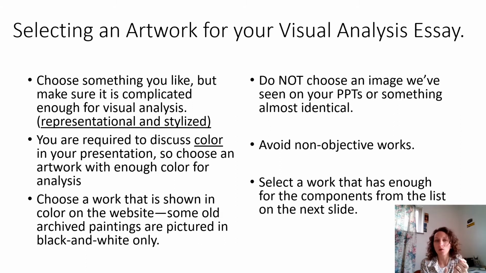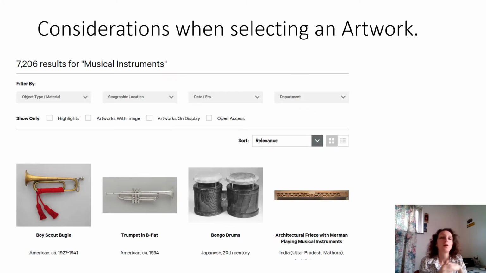So don't select one of those, knowing that you need color. You want to make sure you select an image that has a good color base. Also, don't pick something that you've seen in the book, or that is almost exactly identical to what's in the book, or that you've seen in these PowerPoints that you've seen me talk about. So here are just some considerations.